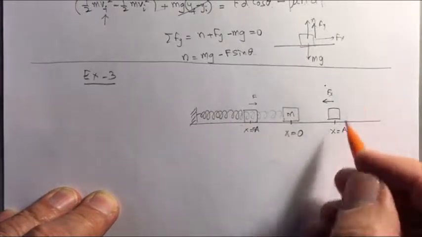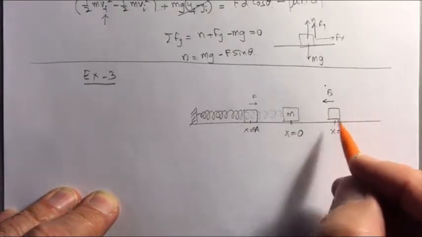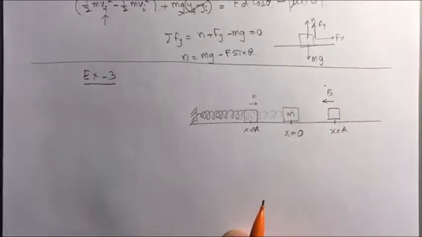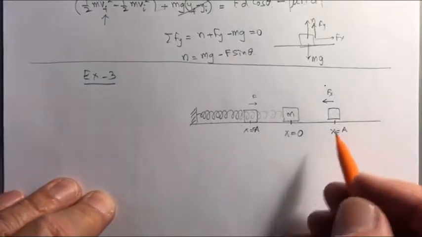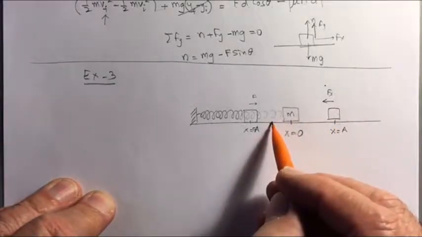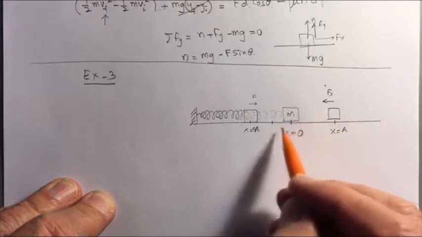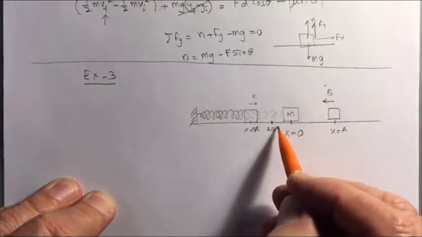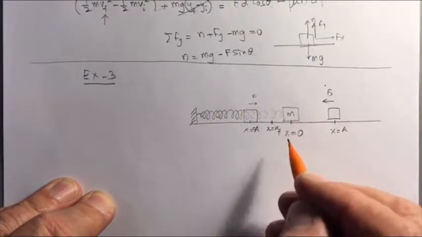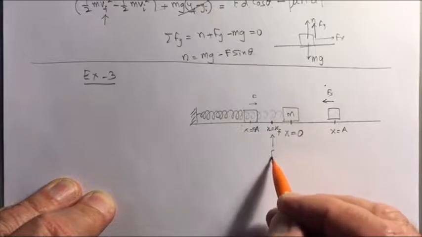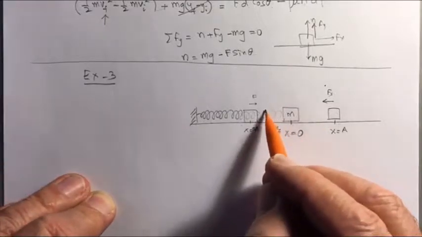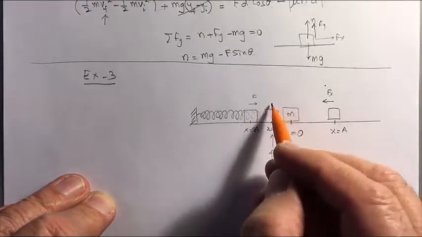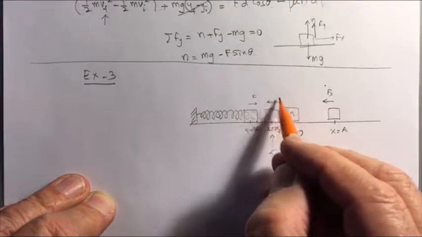Now the question is, if it starts from here, what is the speed of this mass when it crosses any given point? So let's take that point to be here. It could be anywhere. So this is our X equals X, let's say X final. It's not final in the sense that it stops here, but in the sense that that's where we want to find the velocity, whether it's going this way or the other way.